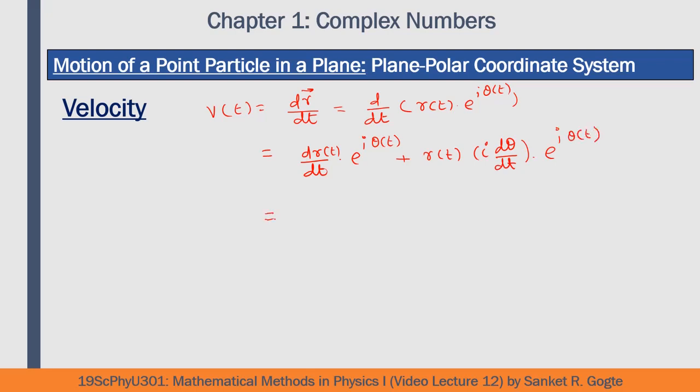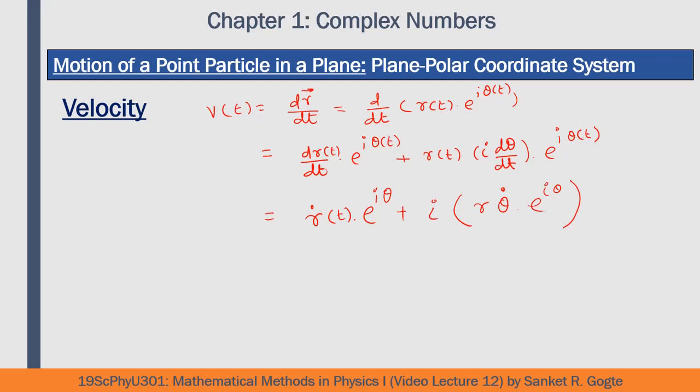This is equal to, using the dot notation now, r dot into e to the power i theta plus i into r theta dot into e to the power i theta.